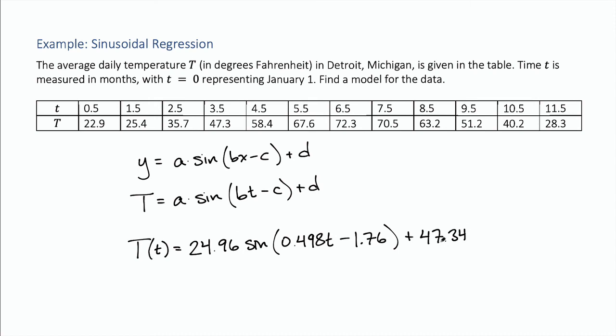And of course, those are rounded. That's an approximation. But there's our model. And so we could use this to try and estimate the average daily temperature at any given time in the year.